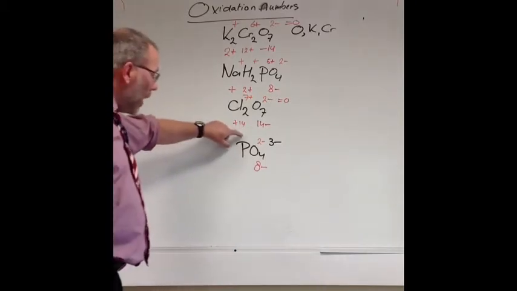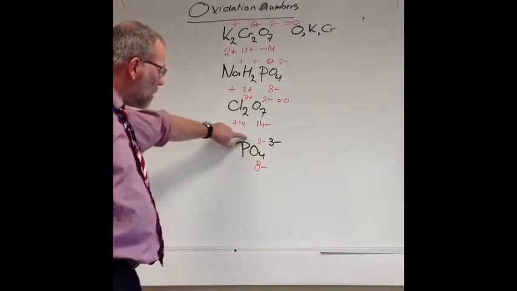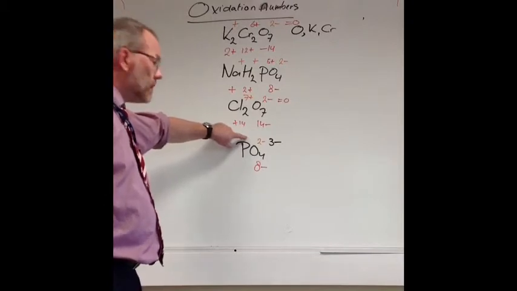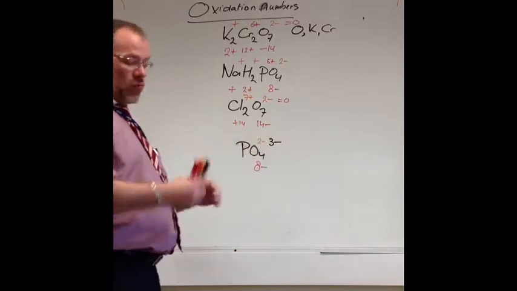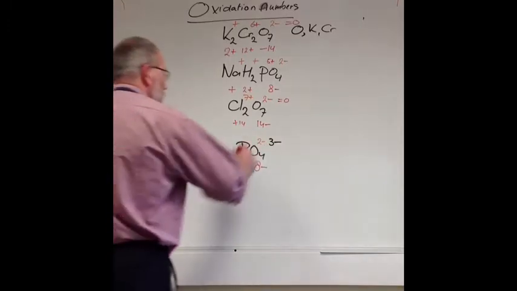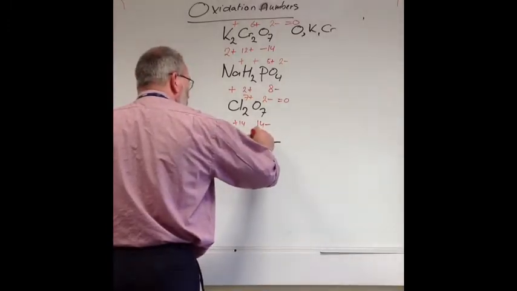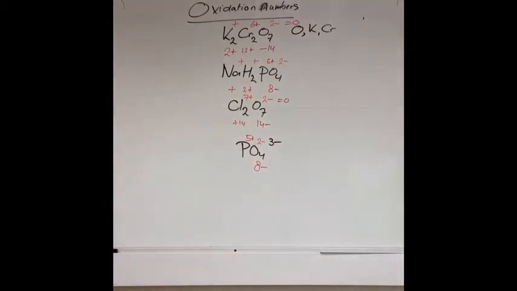But the oxidation state that I'm looking for, the phosphorus plus the oxygen, needs to be 3 minus. So therefore, the phosphorus will be 5 plus.